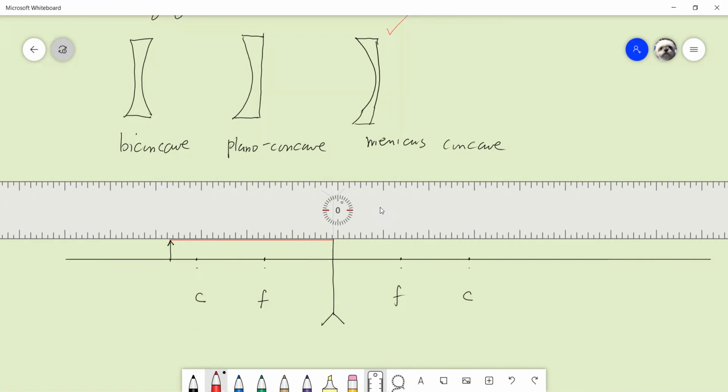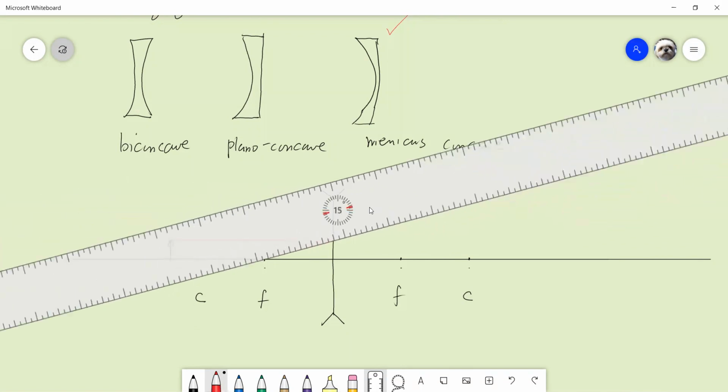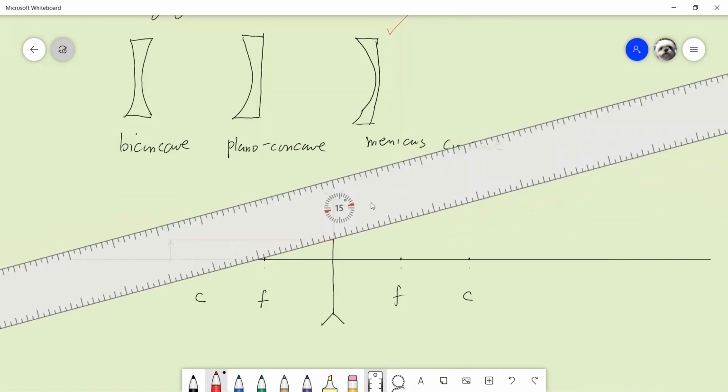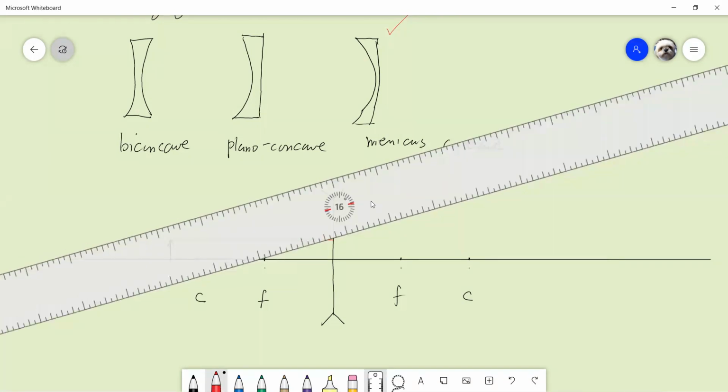Then what happens to the refracted wave? The refracted wave will diverge. But they look like they are coming out from the focal point on the same side, right? So what I'm saying is the wave will diverge, going out like this. It looks like they are coming out from the focal point.